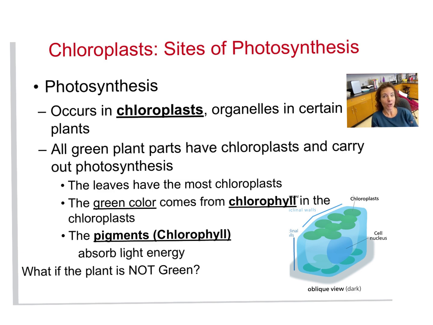Hence, carrots being orange, carotene is the pigment that's found there. So if a plant's not green, it just means it has different colors of pigments. Most of the plants we look at are green, so we mostly talk about chlorophyll as the pigment, the color of those chloroplasts, the color that's being reflected and not being absorbed as its energy source.